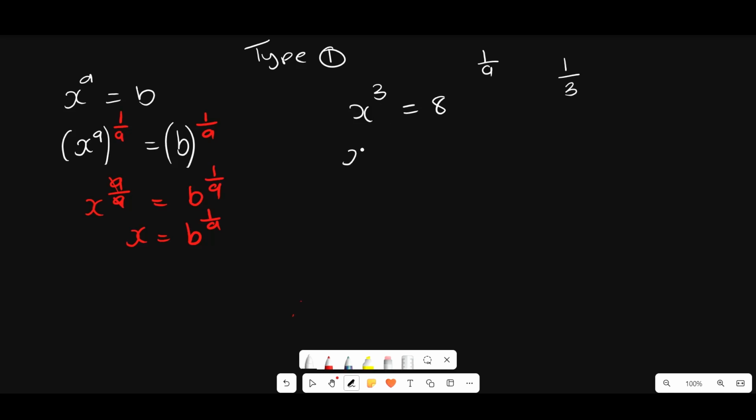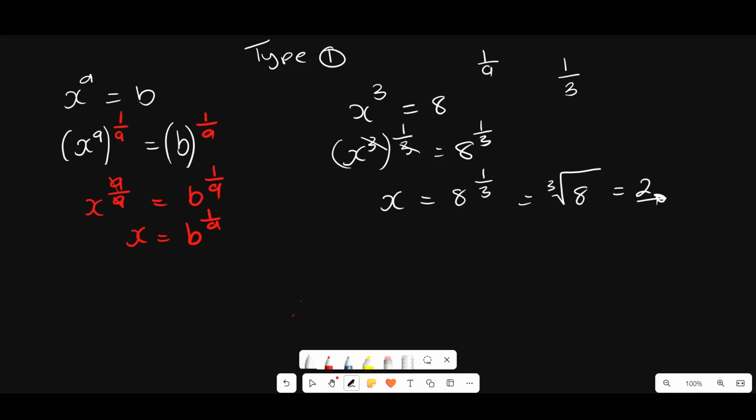Here you remove these two, and we have x on the left, and on the right 8^(1/3). You can plug this in a calculator, but this is the same as the cube root of 8, which is 2.